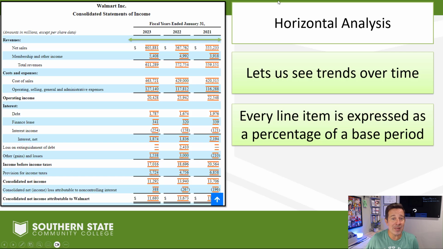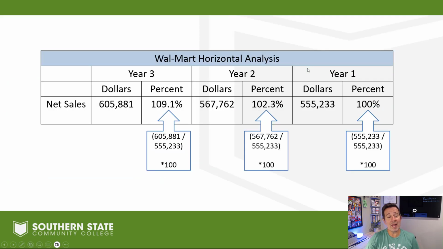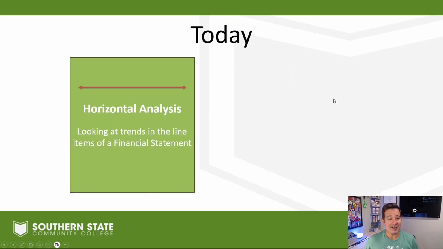And we talked about how the base period could be an early period or last year. And we can get some percentages and have a really good understanding of what's going on. So that's where we were at with horizontal analysis. Really simple math involved. We just took one year, divided it by another, multiplied by 100 to get a percent. And that is our horizontal analysis.